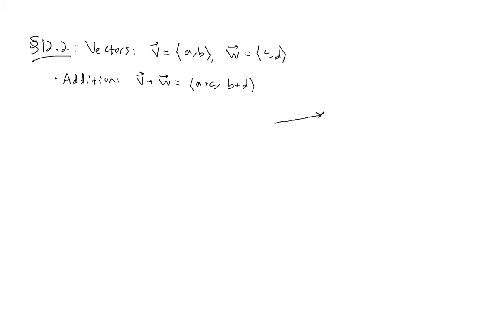So here's our vector V, and here's our vector W. Well, this next one that I'm drawing is also the vector W, right? Those are the same thing. We consider vectors to only be an arrow. We don't consider them to be dependent on where they start, just the direction and the length that they're going in.